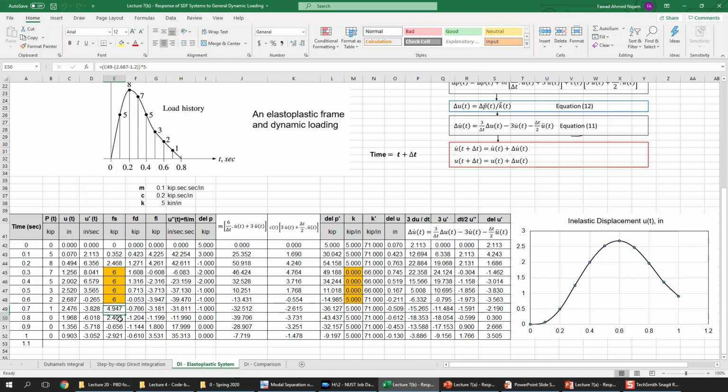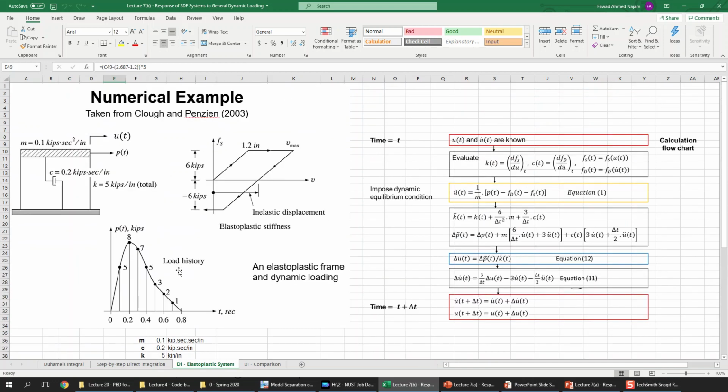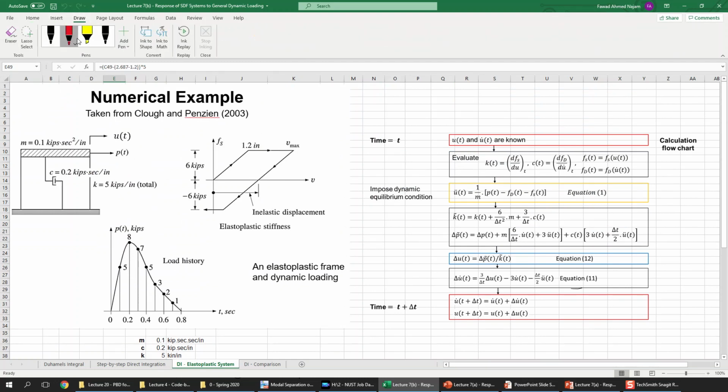So you can see that I have subtracted from the peak displacement, which is 2.687, which was achieved here, the 1.2, which is the yield displacement. So the difference will be basically equal to this plastic displacement, the post-yield displacement, basically this one.